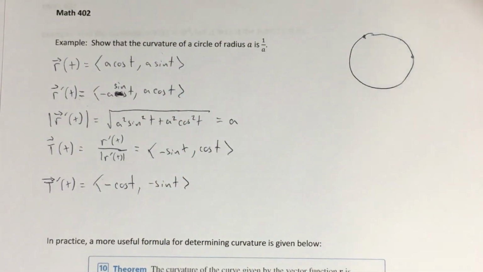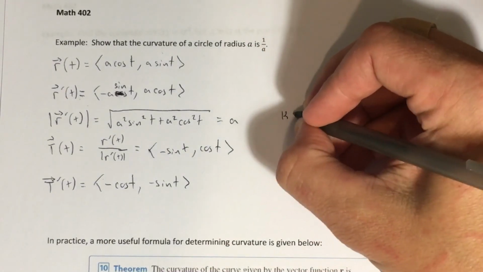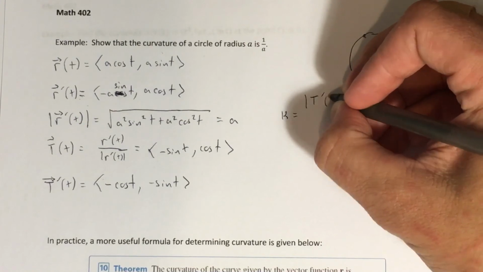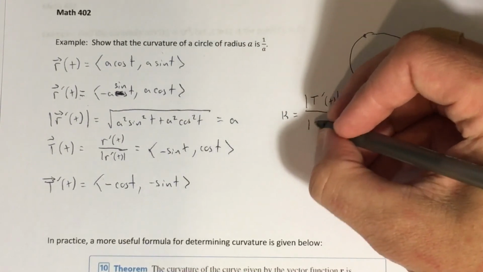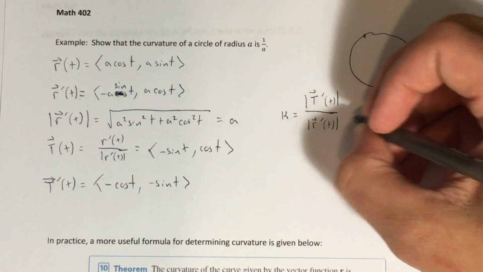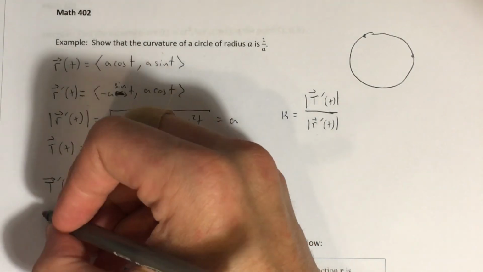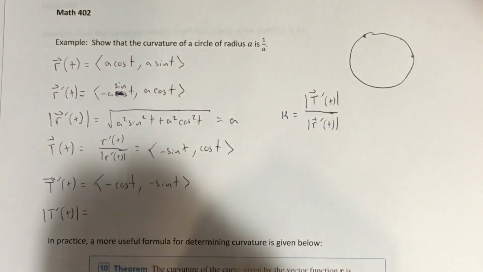We're almost there. Now we just need curvature. Curvature is equal to the magnitude of T prime of t over the magnitude of r prime of t. We found the magnitude of r prime. We didn't find the magnitude of T prime. Let's do that right here, just so everything is on the left side before I start plugging stuff in.